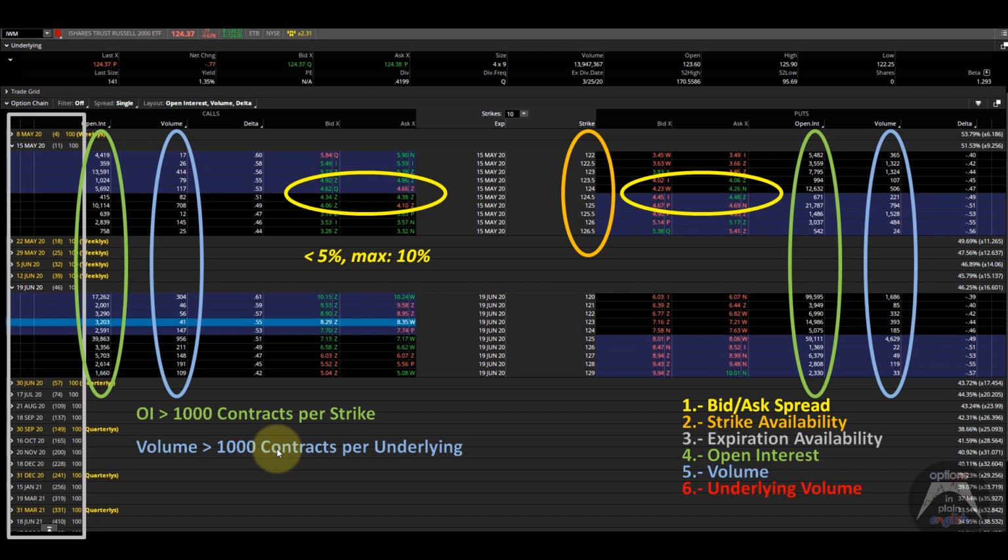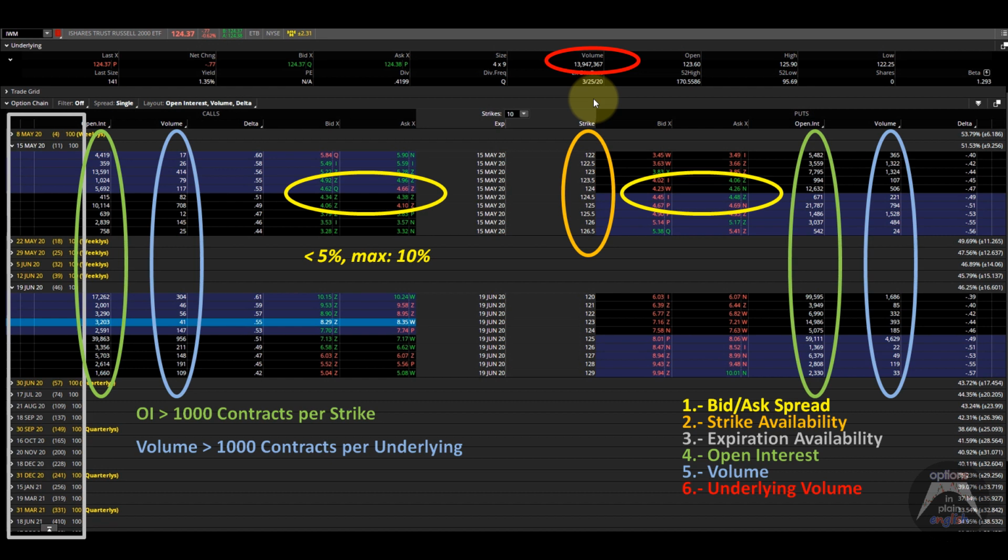Finally, the least important one is underlying volume. If you look at the volume for the stock, in this case for this ETF, you're going to see a certain number, and even though it's not very important because it's not directly related to options, still when you have positions, you have the choice to maybe hedge certain positions with the underlying.